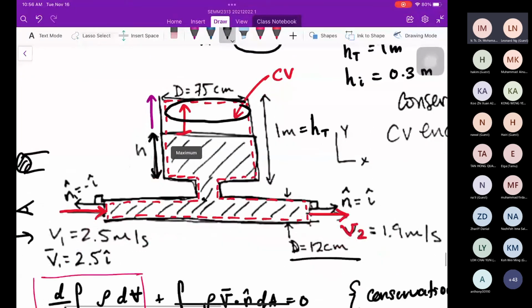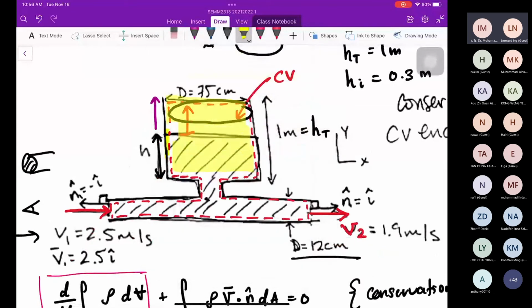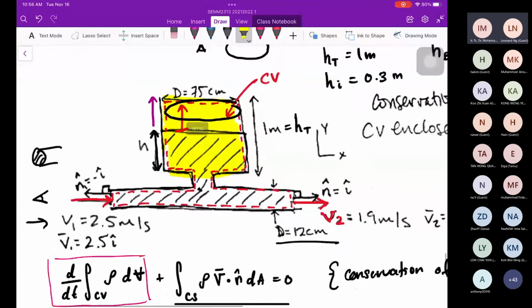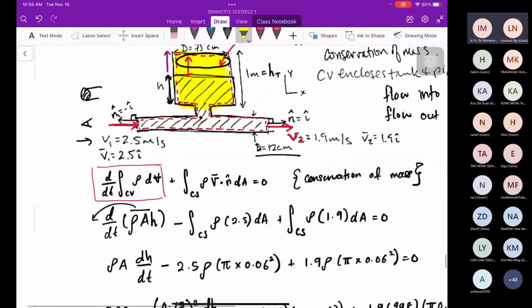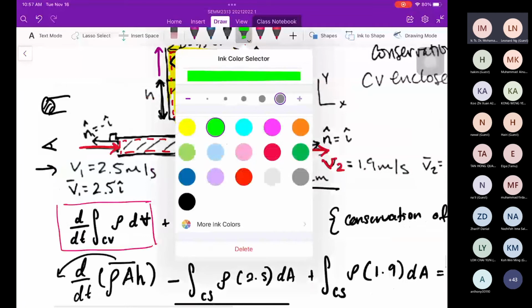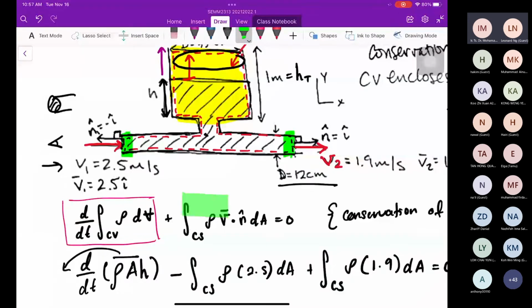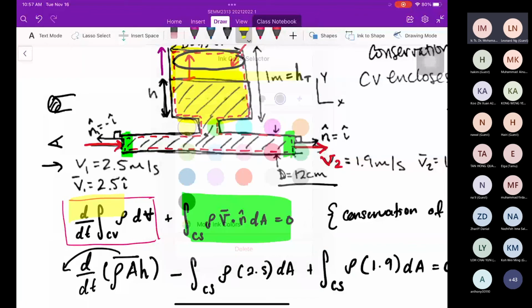So I realize the change is here, so I focus on this as a CV. And the control surface, I realize that it appears at this surface. This is control surface and this is control volume.